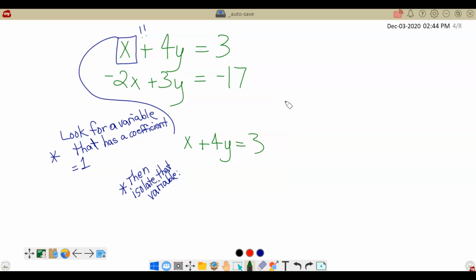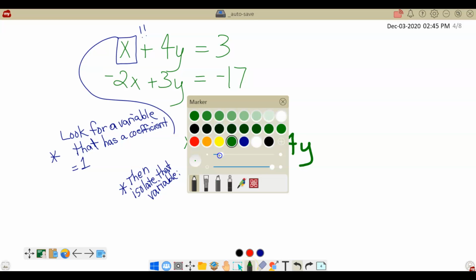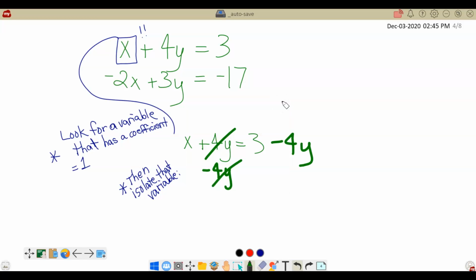So how do I isolate x? You guys know we have to get this y term to the other side of the equation. So I'm going to cross that off there. Way too thick of a line. And then I'm going to rewrite. Now I have what I need.